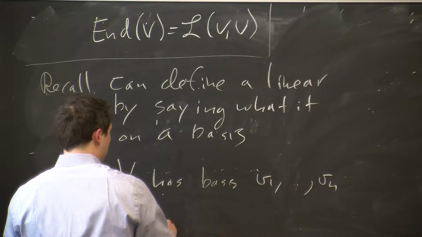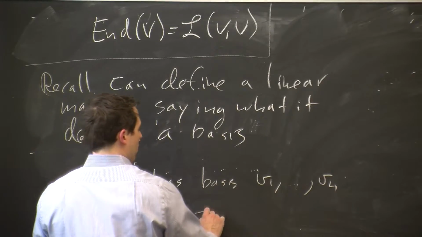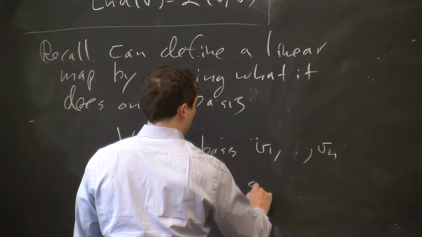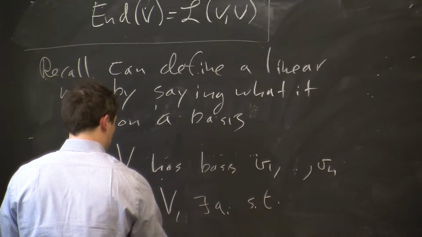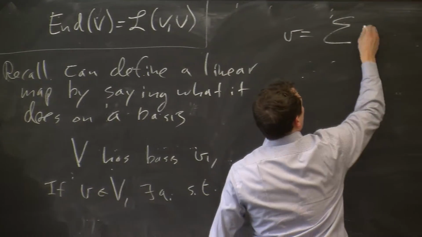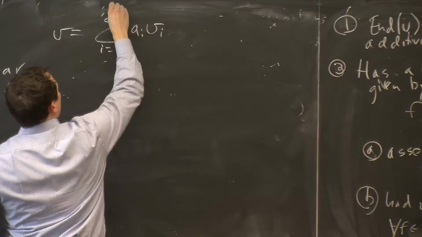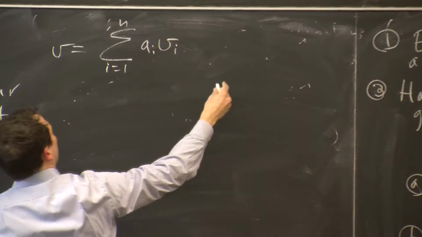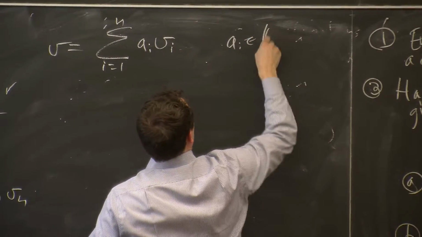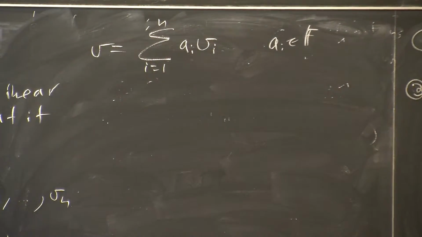Any vector v in V can be written as a linear combination of some coefficients a_i times the vectors in the basis.